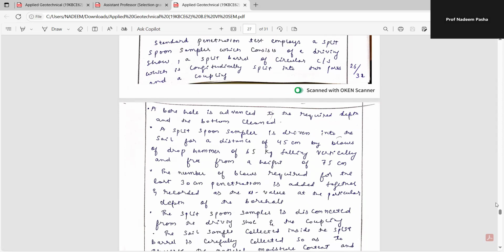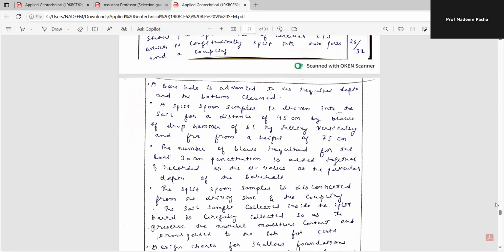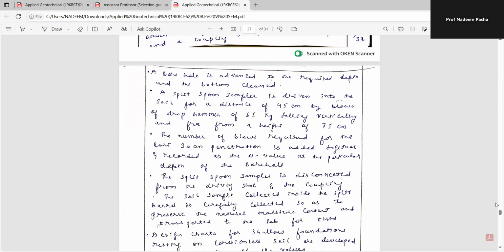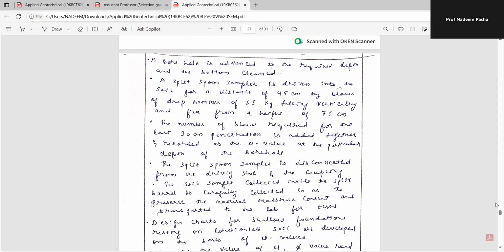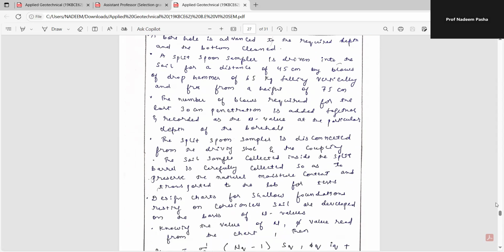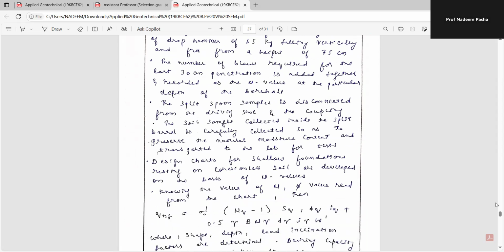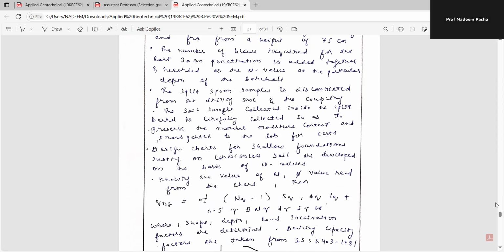The split spoon sampler is disconnected from the driving shoe and the coupling. The soil sample collected inside the spoon is carefully collected so as to preserve the natural moisture content and transported to the lab for test. Design charts for soil foundation resting equations are developed on the basis of N values. Knowing the values of N, phi value is read from the chart.